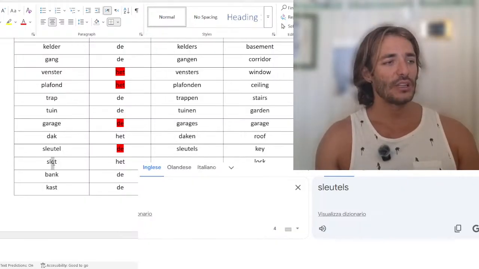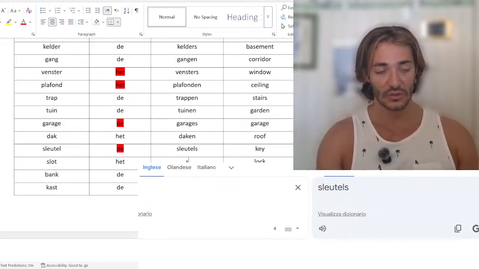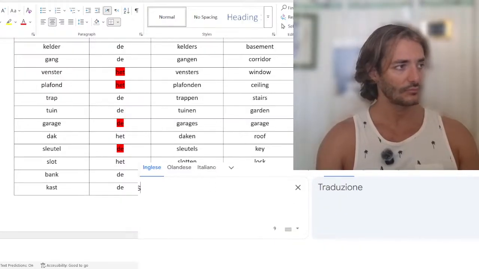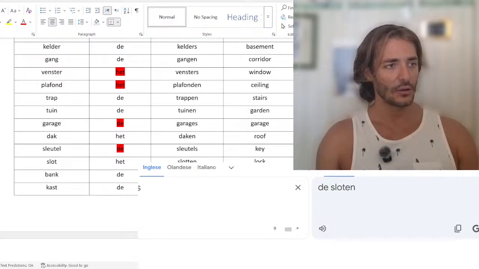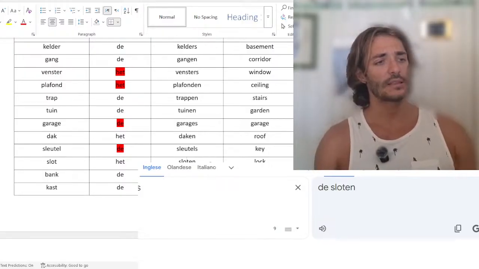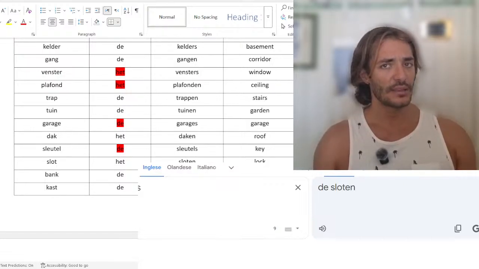Here's the question: will it be a short one or a long one? Slot. I think it's short. So slotten. Let's check the locks. Sloten. No. Yeah, I don't know. Probably this would be a nice point to practice a bit more with my teacher. Maybe some of you are already familiarized with it, but for me it's a bit hard to guess.